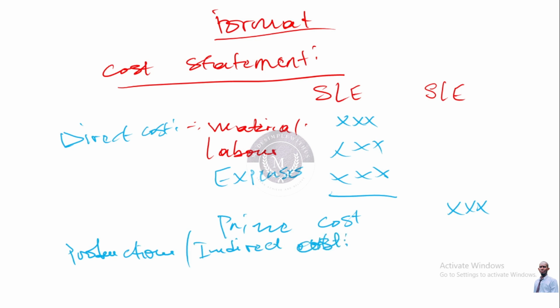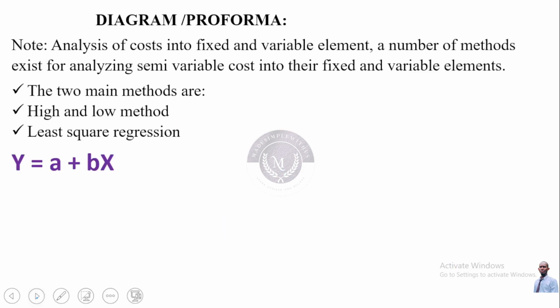So for indirect cost, we talk about factory rent, power, supervision, and also depreciation.